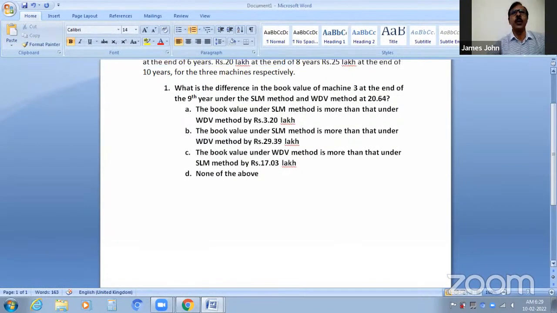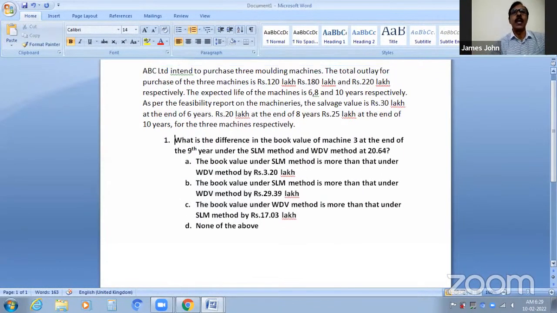If you want 5-year depreciation, you multiply this by 5. If you want 3-year aggregate depreciation, you multiply per year depreciation into 3. If you want the book value at the end of some year, you deduct the total depreciation provided from the original cost. That is the book value.